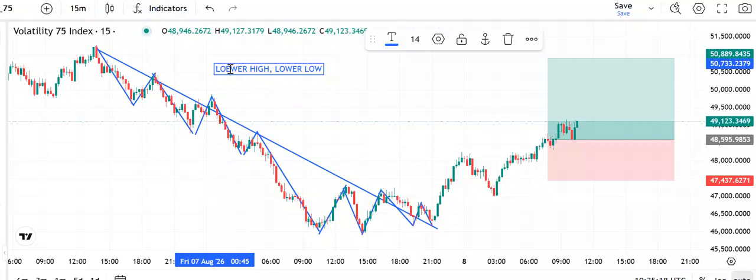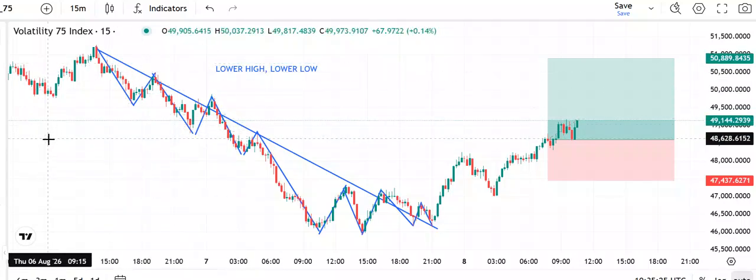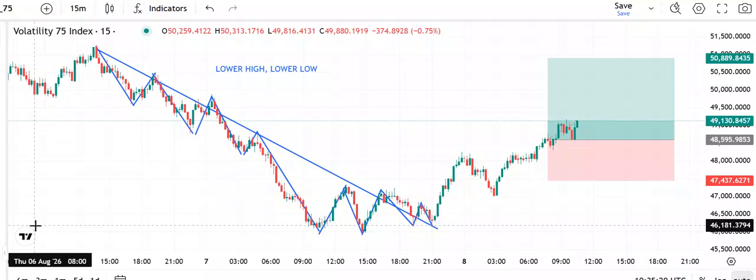Okay, so that's one thing you have to look at when you are trying to trade volatility 75 index. Is market trending?